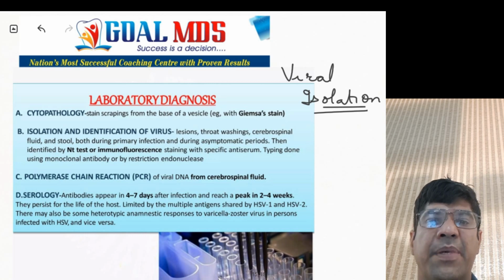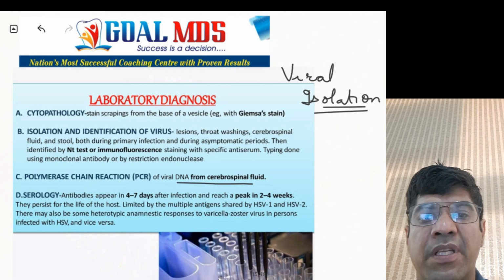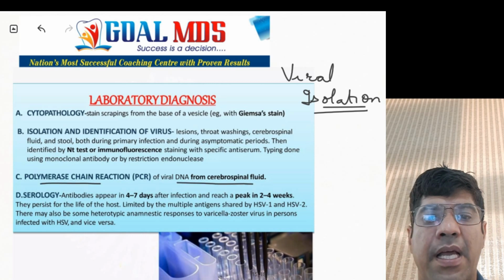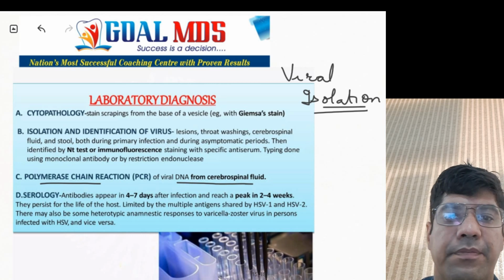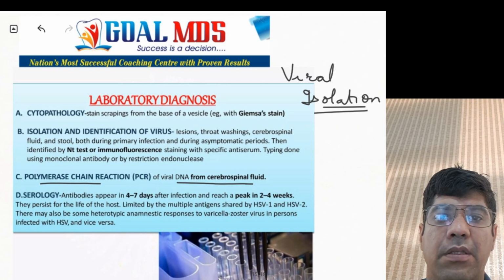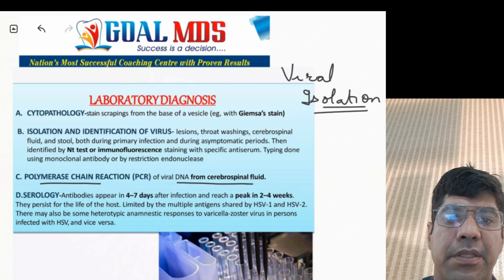A biopsy of persistent ulcers in an immunocompromised patient should also be tested for cytomegalovirus infection, as its histopathological features can easily be missed. Serology also helps to confirm recent or past herpes simplex exposure.